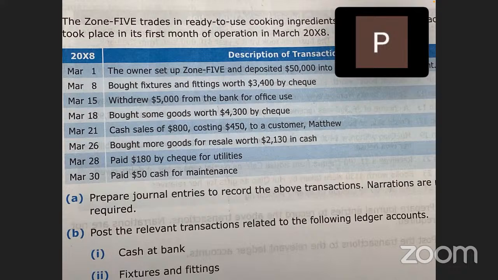What increase, what decrease? That's the question. Cash at bank decrease. Credit? How much? 250. Okay, and then what's the debit link?